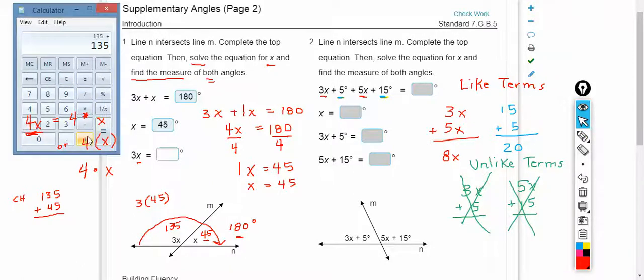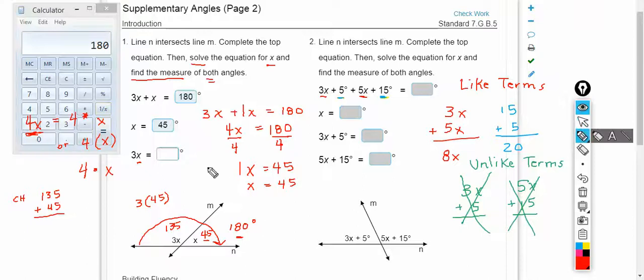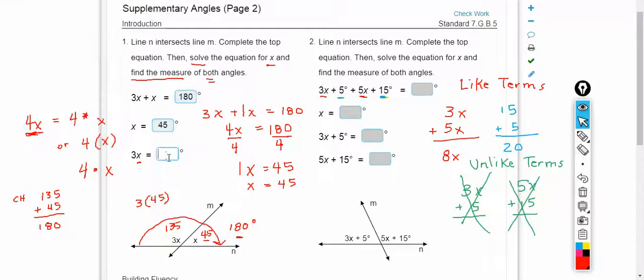We're going to add 45, and that equals 180. I'm taking my time because you should be putting all of this in your notes. Alright, so this is 180. Okay, that's better.